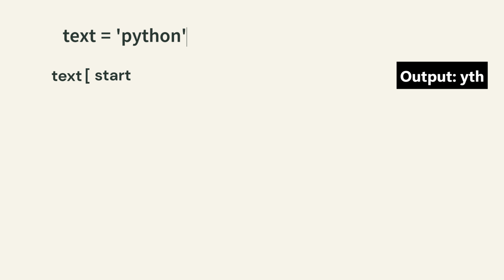In our case, as we want to output YTH, P is at 0 and Y is at 1. So obviously the start would be the index number 1, because the output that I'm interested in is YTH. So I write the start index here, that's 1.